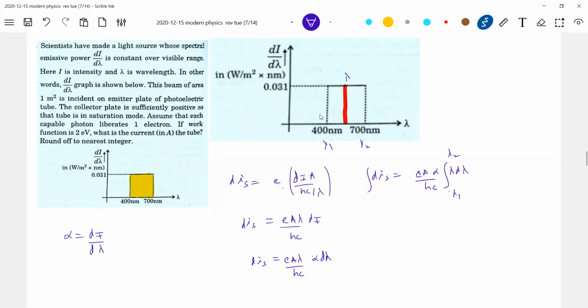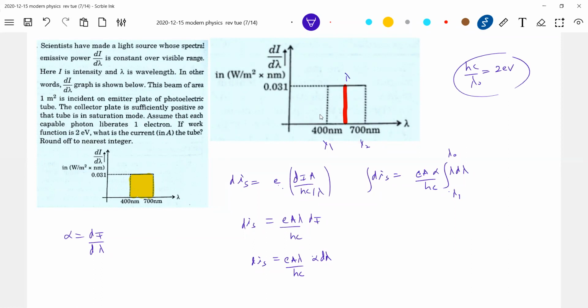I think lambda 2 is the threshold wavelength, and the threshold wavelength will be less than 700. Then I'll put it as lambda naught. So hc by lambda naught is equal to 2 electron volt, because photons with wavelengths more than that will not liberate electrons.